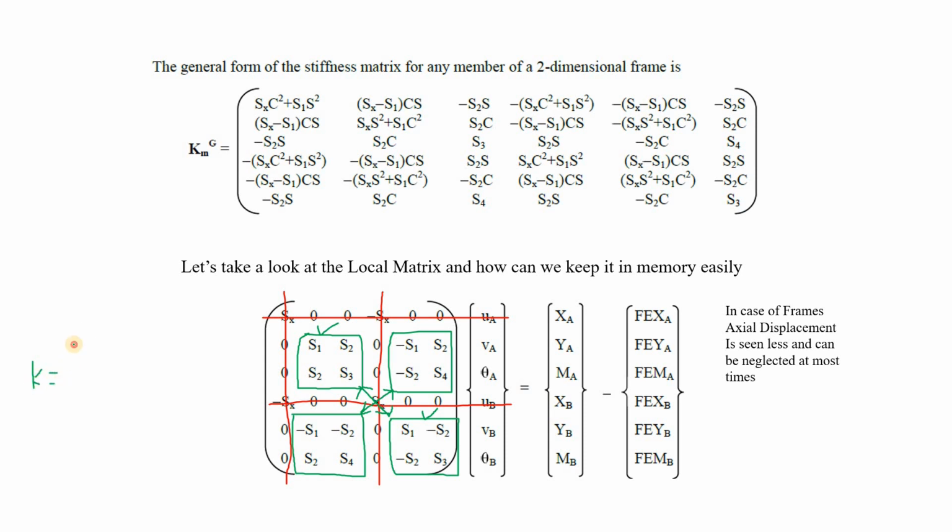If we generalize it now, you'll see we're getting S1, S2, S1, S2, right after that S2, S3, S2, S4, and here we have S1, S2, S1, S2, S2, S4, S2, S3.